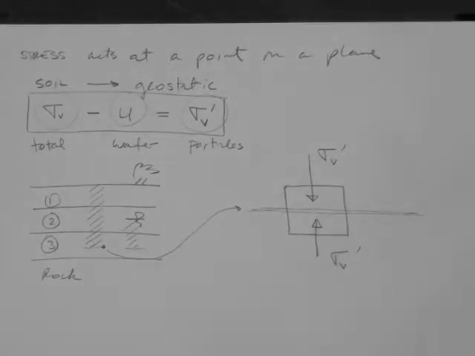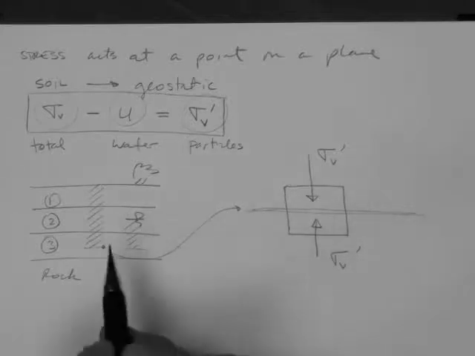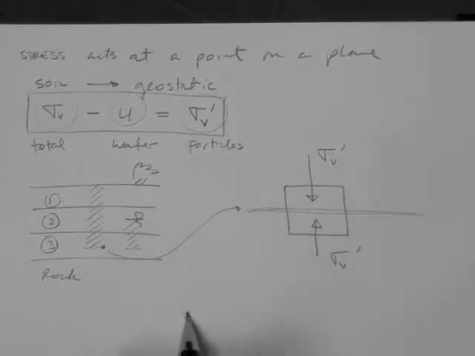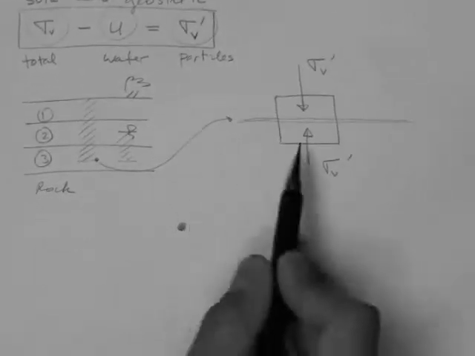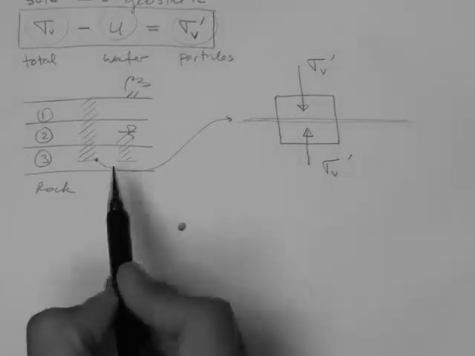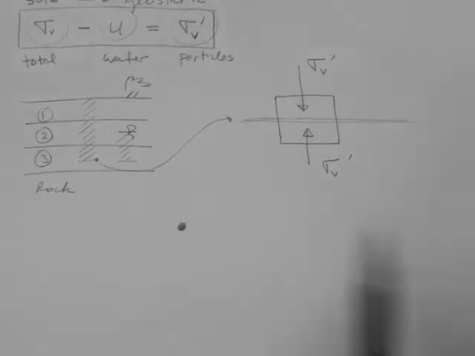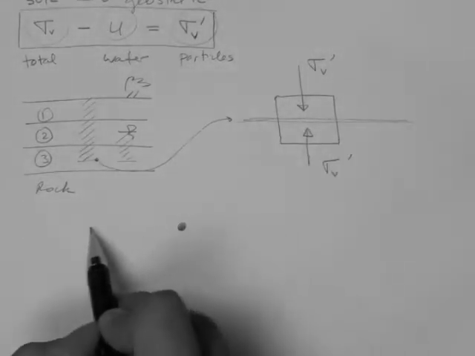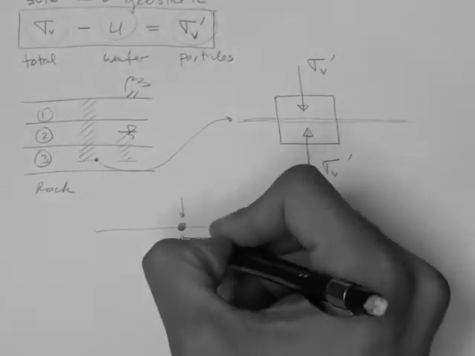Now, the next question, which is the topic of this lecture, is what is the stress that acts on the vertical plane? Let's draw this point a little bit bigger here, in between. That plane, which is a horizontal plane, is that one, and the vertical stress acts like this.